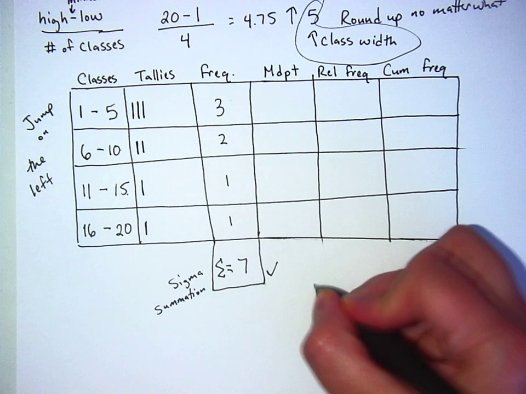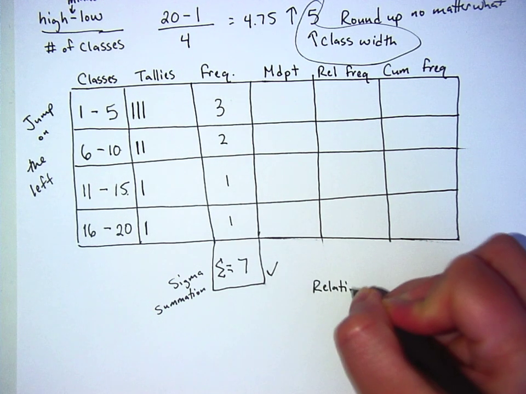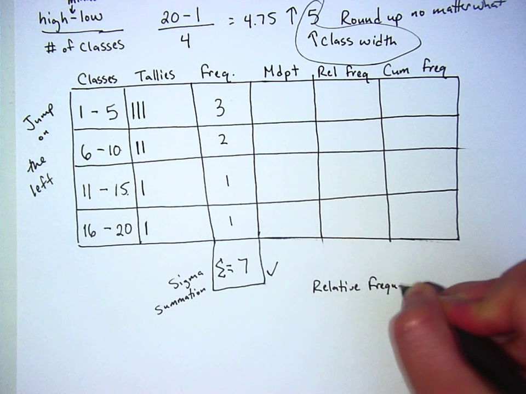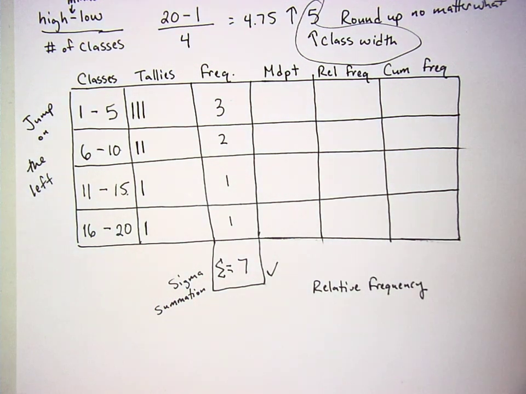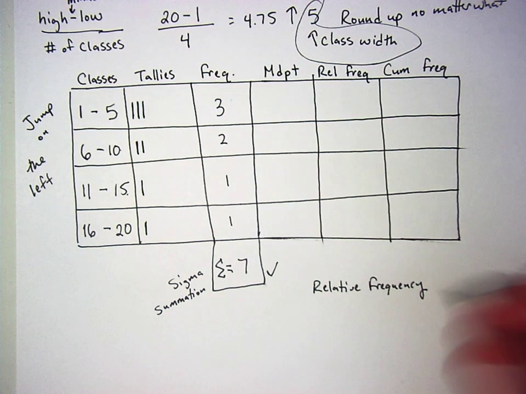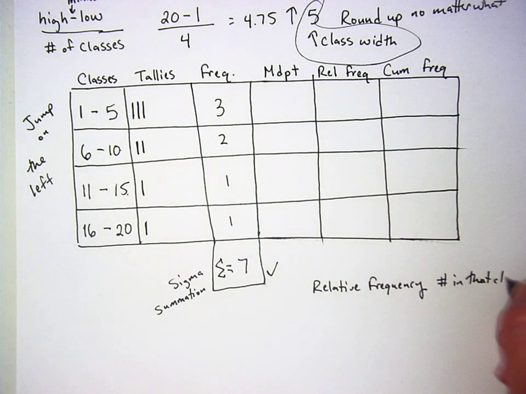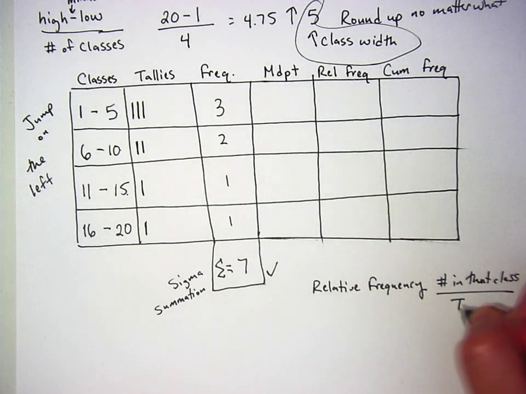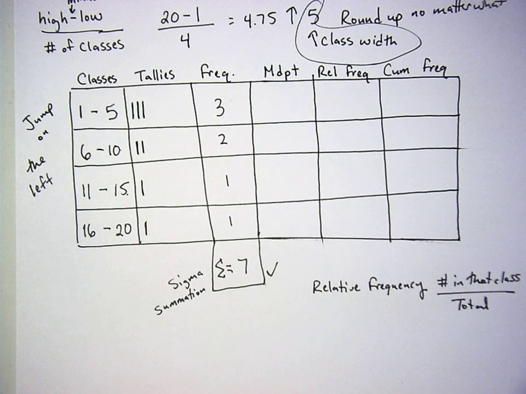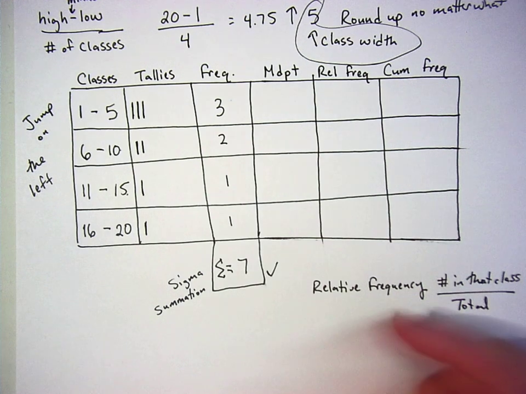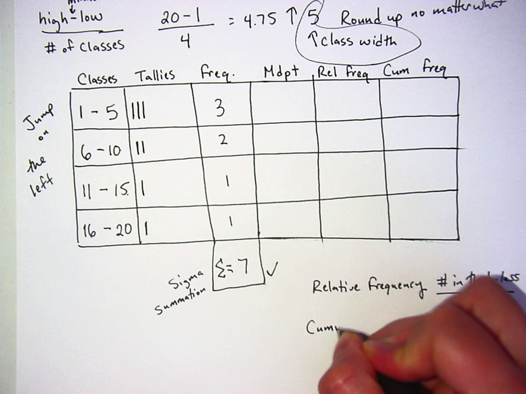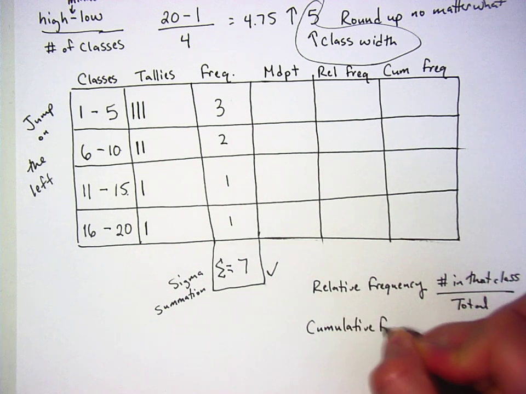I'm going to write down here that relative frequency is like, not a percent, it's the number in that class divided by the total. So kind of a percent. But you don't usually write it like 20%, you'd write it like 0.2. And the cumulative frequency, do you guys know what the word cumulative means?